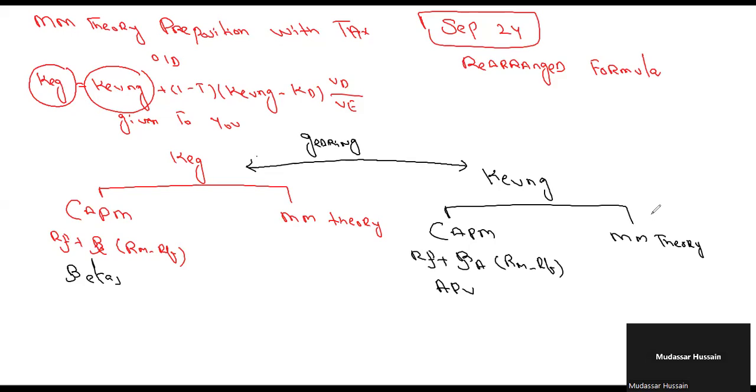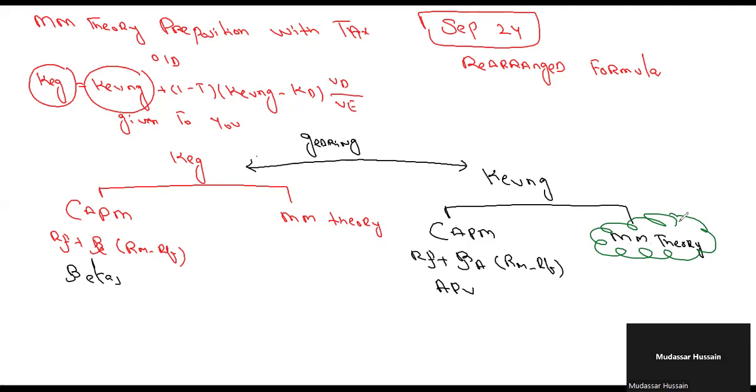Now, what was the problem? Try to understand. The problem was when we had to find the ungeared cost of equity with the MM theory, rearranging the figures was very problematic when we had to solve it on the spreadsheet.